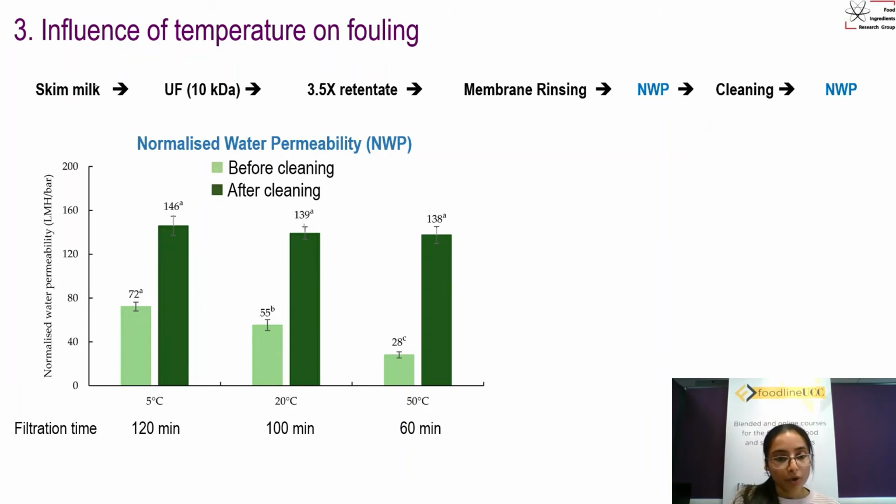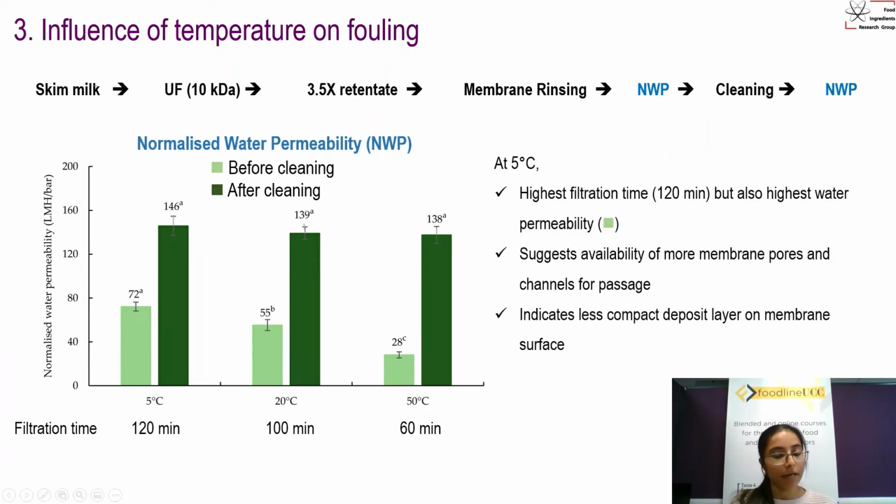I would like to draw your attention to the bar on the left, which indicates NWP before chemical cleaning. So as we can see here, at 5 degrees centigrade, the NWP remained highest, even though filtration time was higher to achieve 3.5x volume concentration, which means milk was in contact with membrane surface for longer time than when operated at 50 degrees centigrade or 20 degrees centigrade.